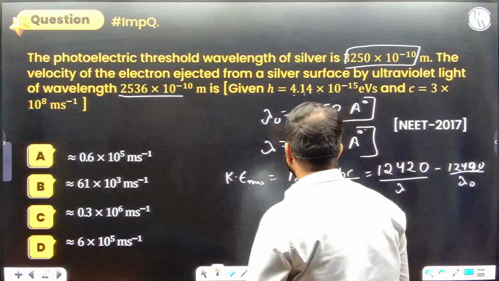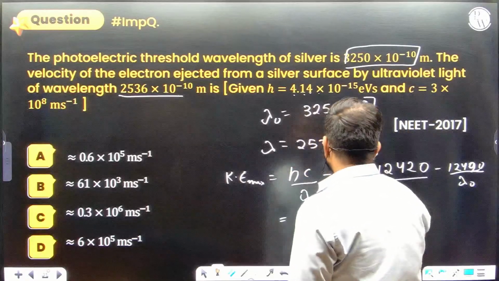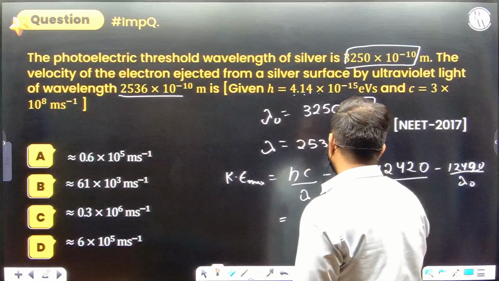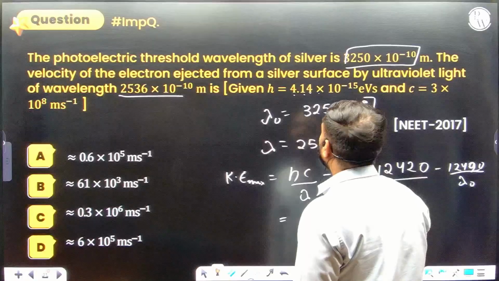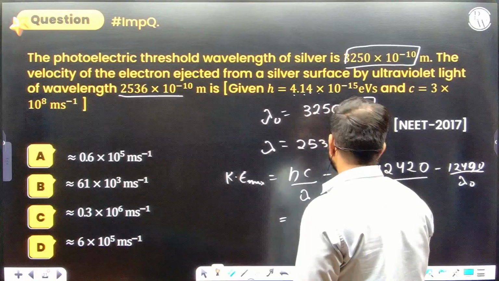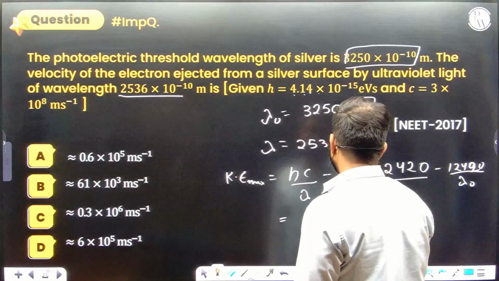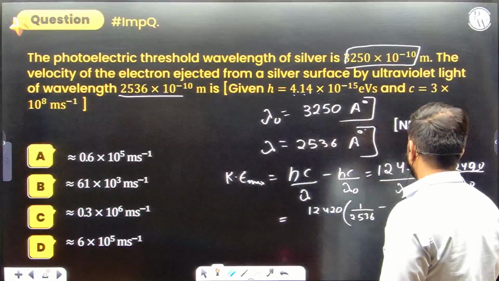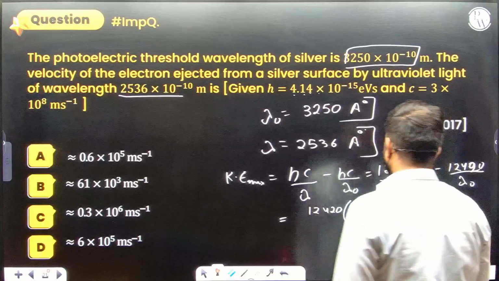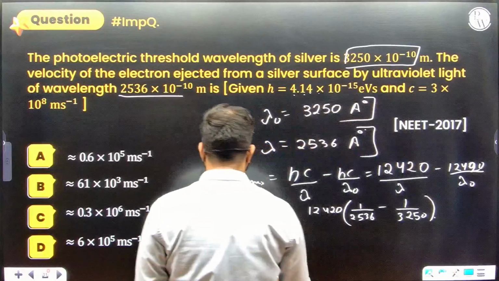I need not worry. It's quite calculative, so I guess you guys can try it out. 1 by lambda is 2536 minus 3250. And you need to calculate it now.